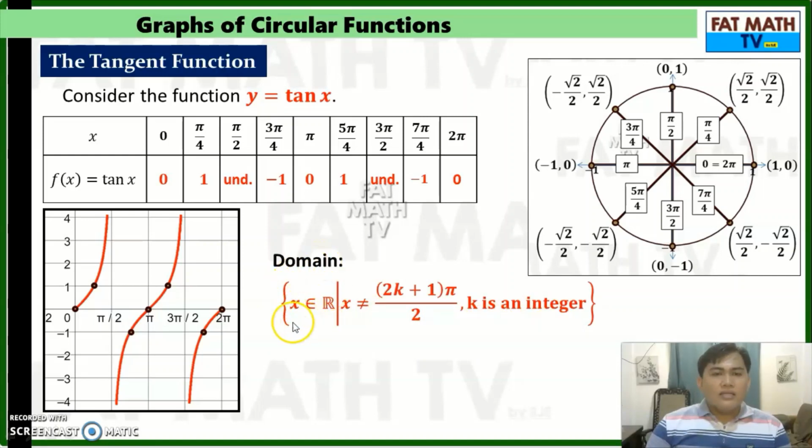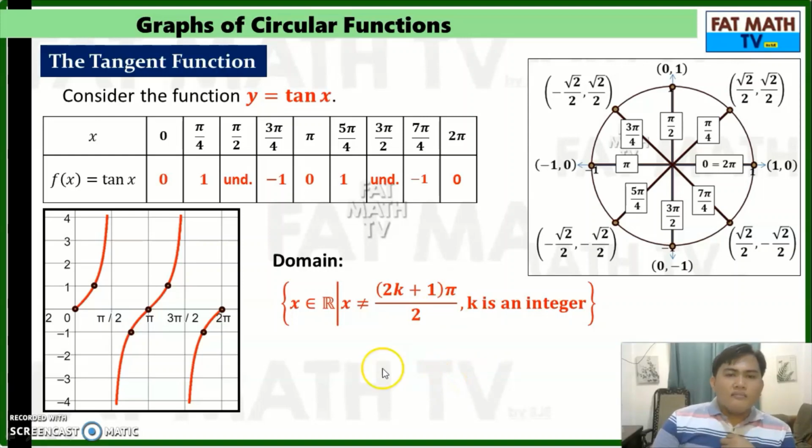So the domain is the set containing x, element of the set of real numbers, such that x is not equal to this value. This will give us the odd multiples of pi over 2. So 2k plus 1 will give us an odd integer, times pi over 2.